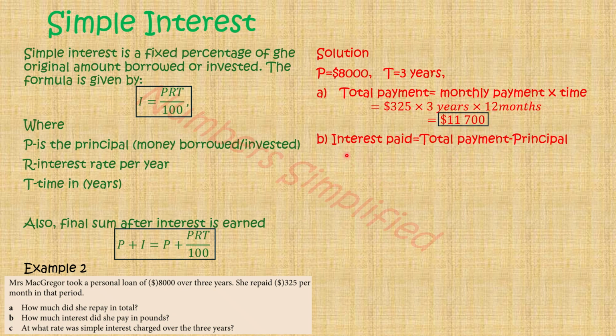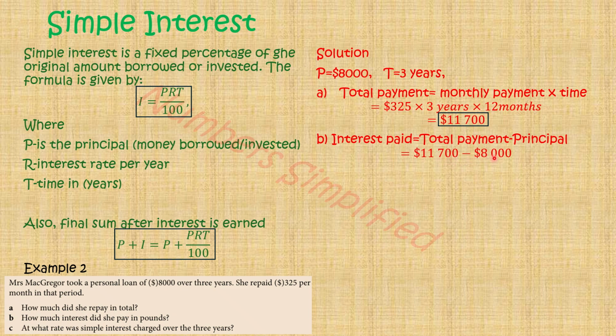Moving on to the B part. How much interest does she pay in pounds? So the interest paid would be the total payment made minus the principal that she borrowed. We know that the total payment, from part A, was 11,700.